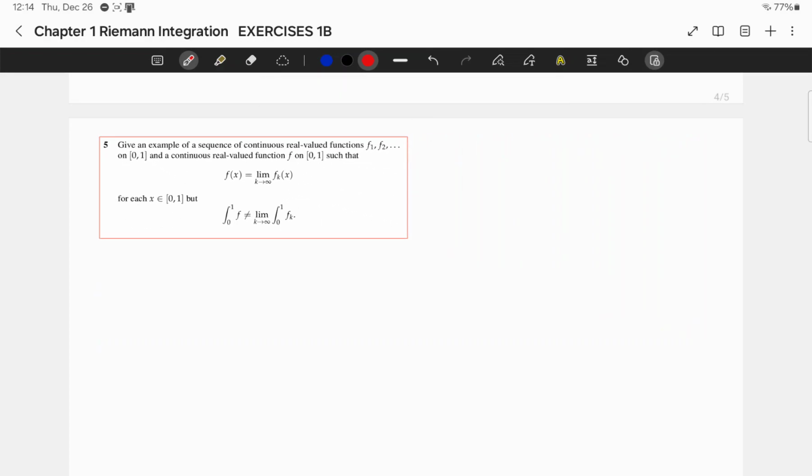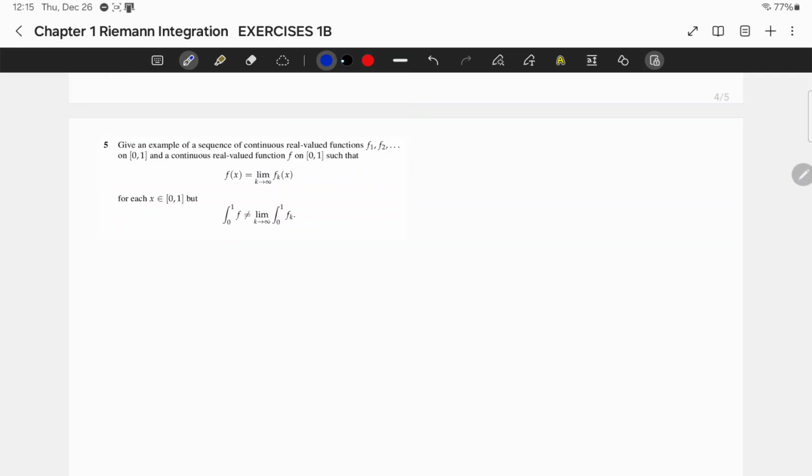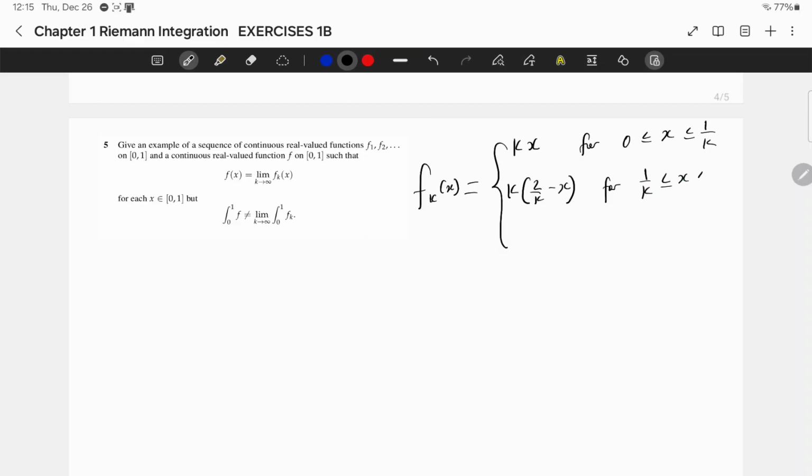Right. So an example I can think of now is a function like this: f_k of x equals k squared x for 0 less than or equal to x less than or equal to 1 over k, and equals 2k minus k squared x for 1 over k less than or equal to x less than or equal to 2 over k, and equals 0 for 2 over k less than x less than or equal to 1.